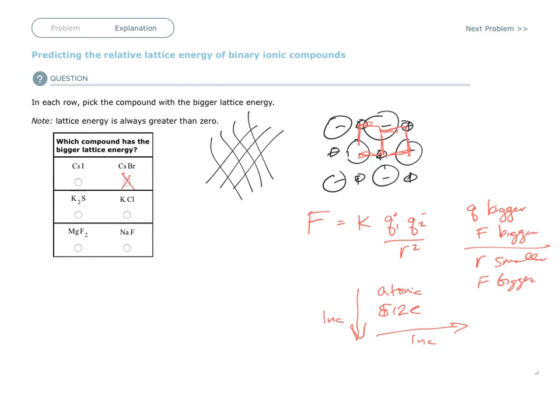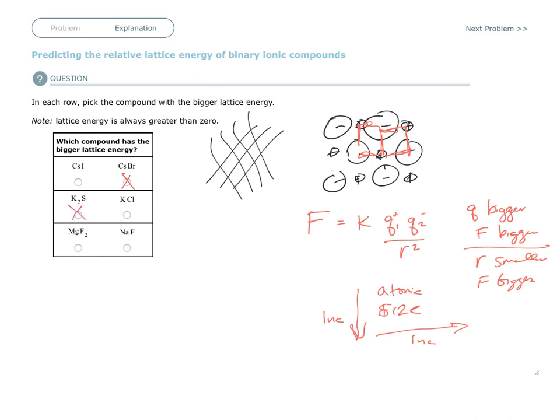But I also see that there's two Ks with the sulfur and one K with the chlorine. Okay, so the chlorine has a charge of -1, the sulfur has a charge of -2, so that's a bigger Q. So that's going to give K2S the bigger energy.